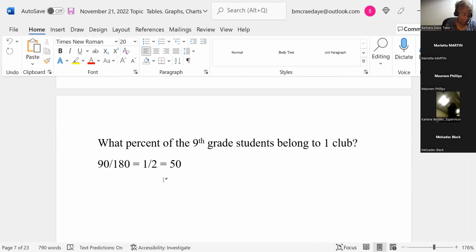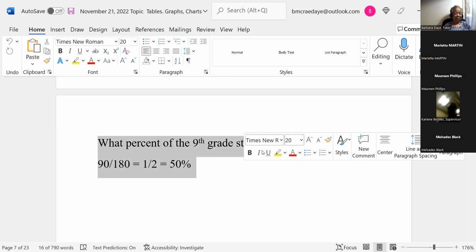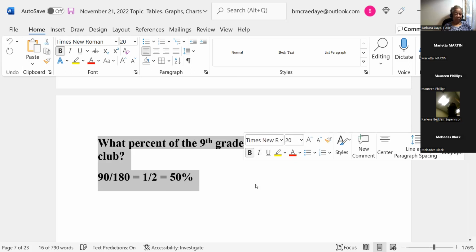That's why I said method of math, because it's just, yeah, got it. You got it? I said what percent belong to one club? 90 is exactly 1/2 of 180. Half of 180 is 90, which is a half, which is 50%. That's right. That's why I said method of math.